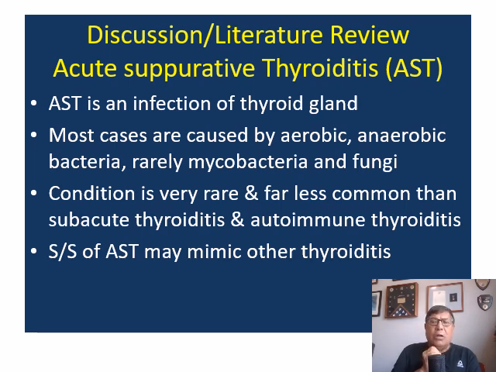There has been no clear-cut male-female difference, and most cases are caused by commensal bacteria that live in the oropharynx. It could be aerobic or anaerobic bacteria, but most commonly it is Streptococcus viridans, Staph aureus, and so on.